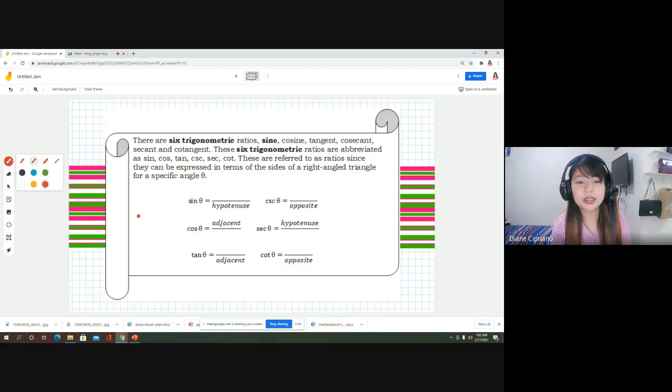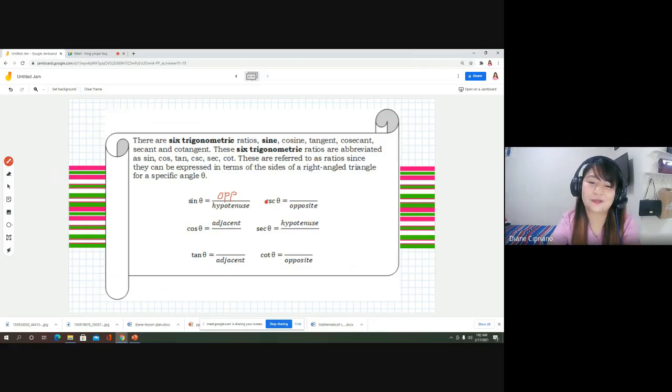So, for our generalization, can you please help me answer the appropriate value of the 6 trigonometric functions? So, sine, it is what? It is equal to opposite over hypotenuse.